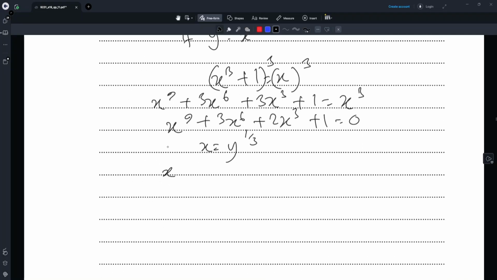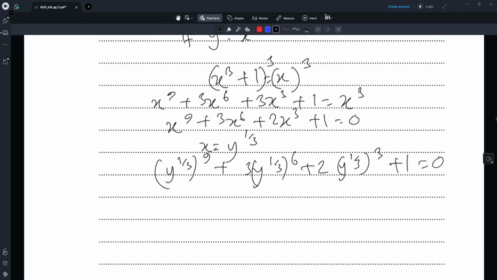Then we have y to the power 1/3 whole to the power 9, 3 y to the power 1/3 whole to the power 6, 2 y to the power 1/3 whole cube plus 1 equal to 0. So we have y cube plus 3y squared plus 2y plus 1 equal to 0.